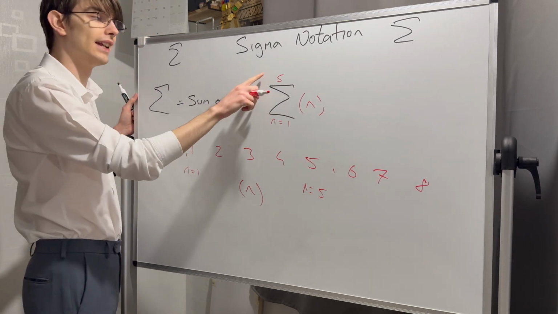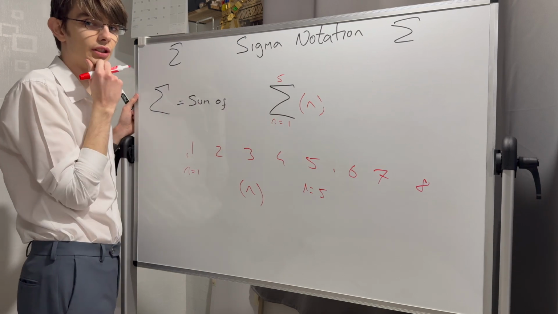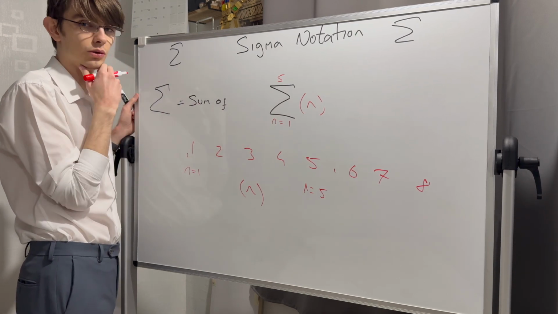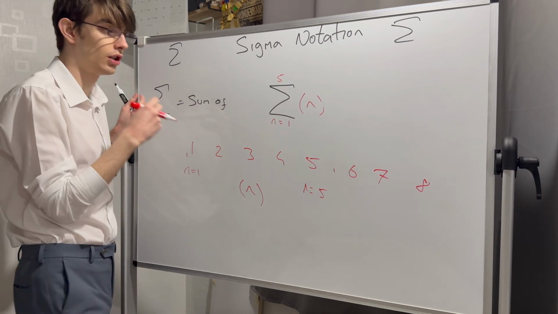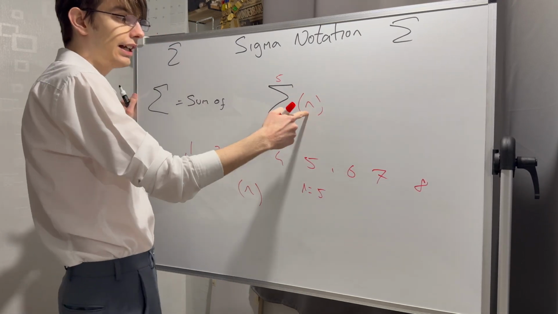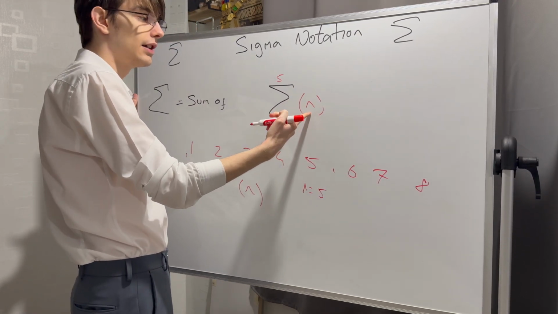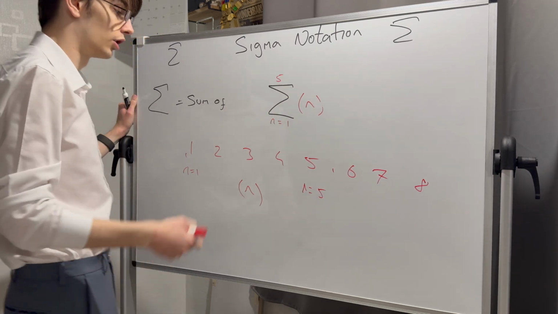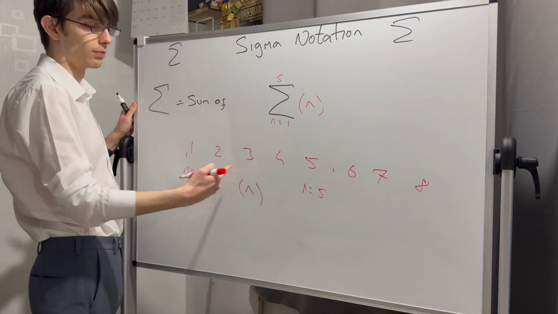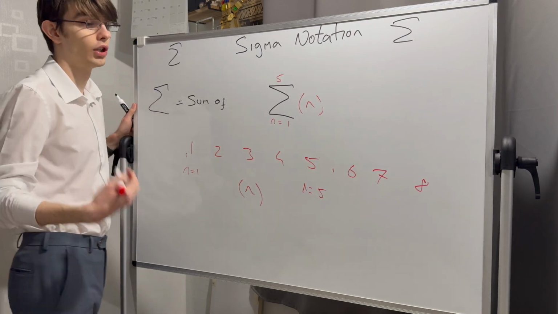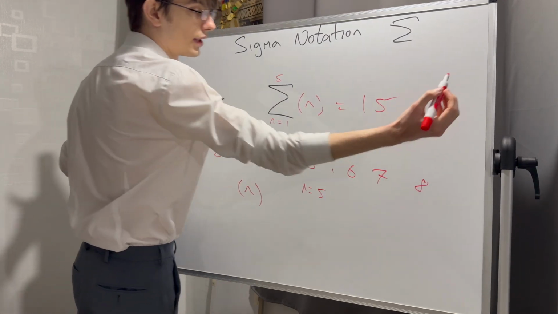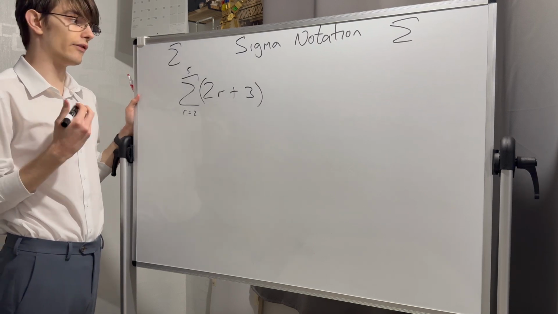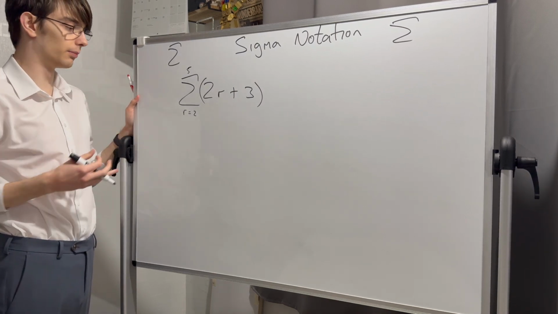I don't need to write n equals up here, just writing it once at the bottom is convention, and it's also more than satisfactory. So this tells me to take my sequence with an nth term of n and sum the numbers from the first term to the fifth term, which in this case, 1 plus 2 plus 3 plus 4 plus 5 would be 15.